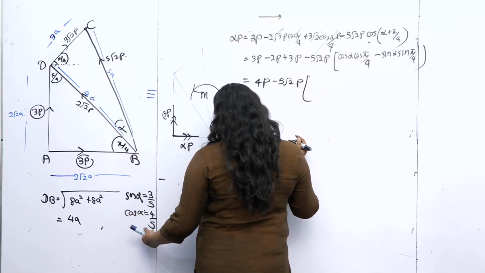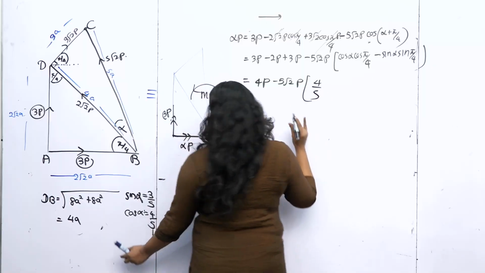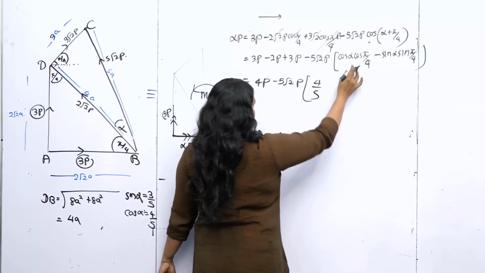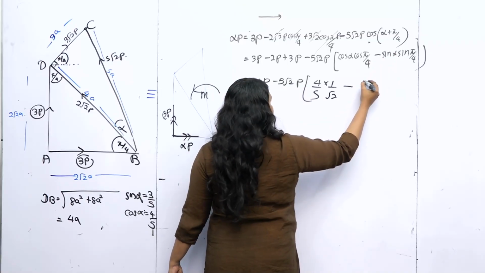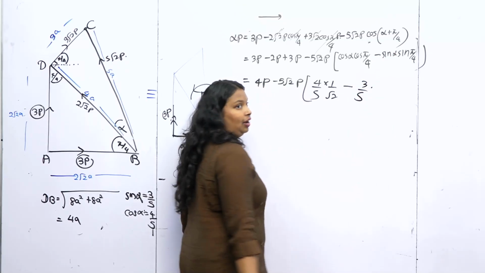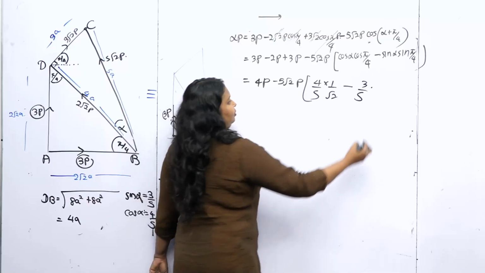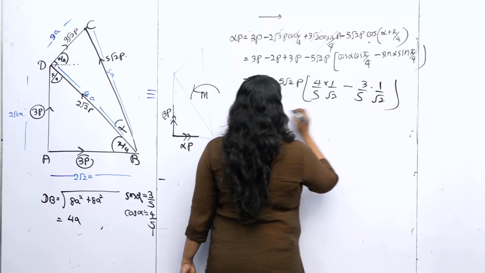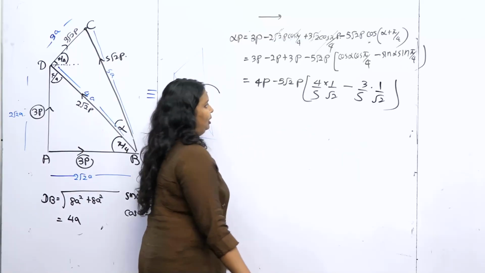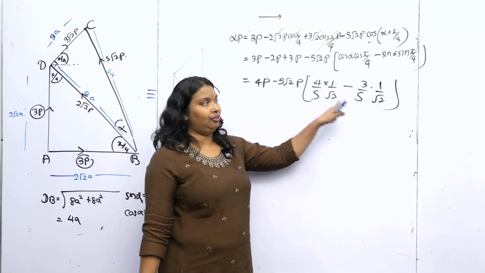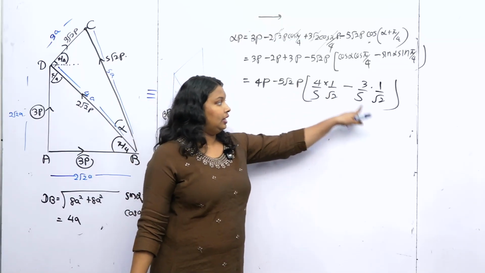cos alpha 4/5. Cos alpha is 4/5. Cos 5/4 means 1/√2, and sin alpha is 3/5. Sin 5/4 means 1/√2. Clear? Now multiplying the 5/√2 by the terms inside the bracket, 5/5√2, they will get cancelled.